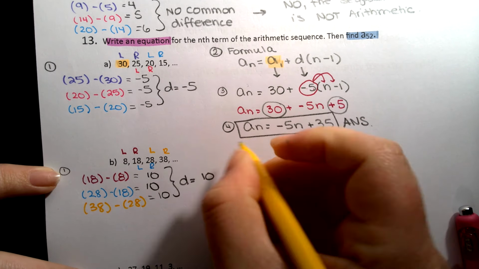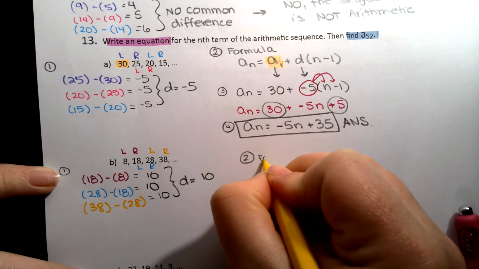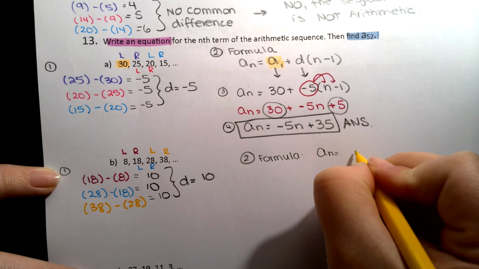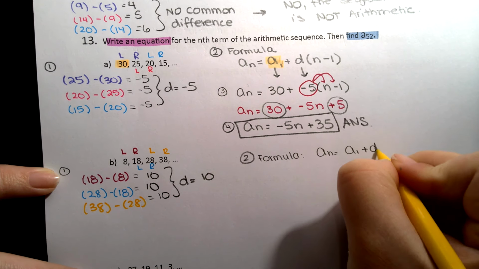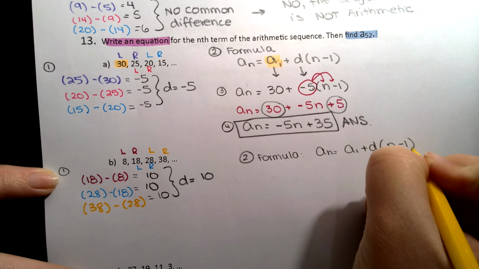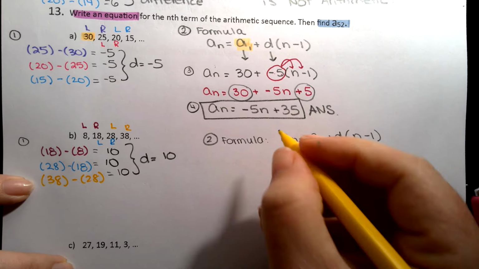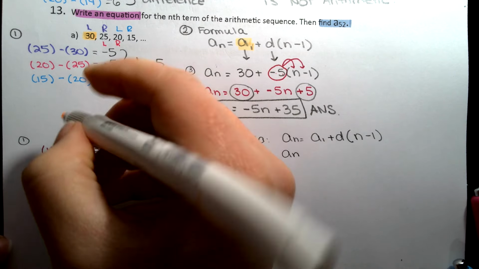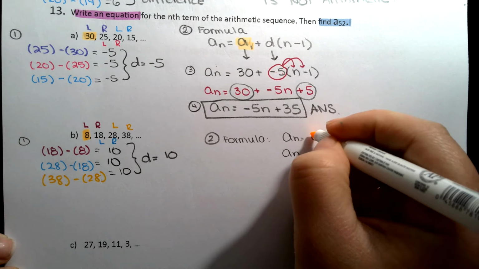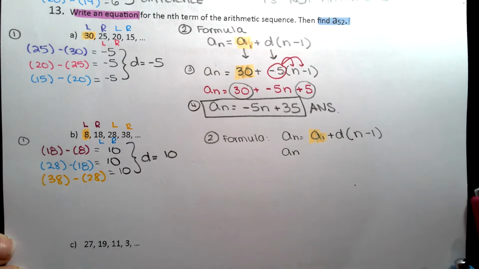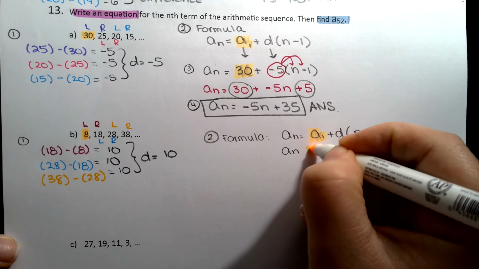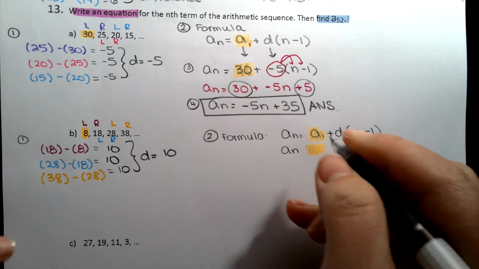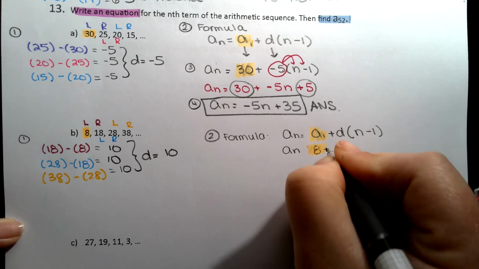Step number 2, we're going to write out our formula, which is a sub n is equal to a sub 1 plus d times n minus 1. A sub n stays. A sub 1, remember what a sub 1 is? It's just the first number that you see. So the first number we saw was 8. So I'm going to write in 8 here. Plus, what was our common difference?